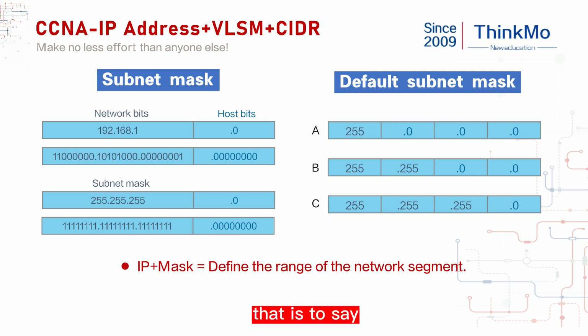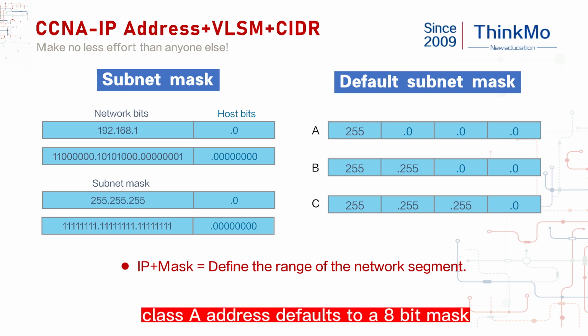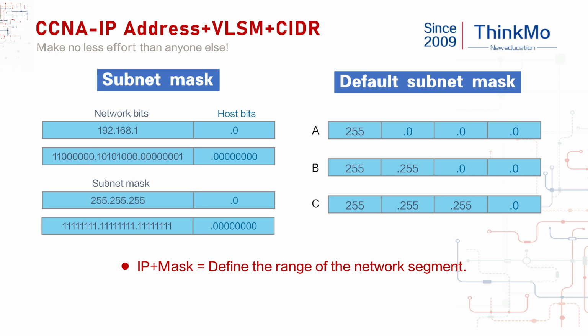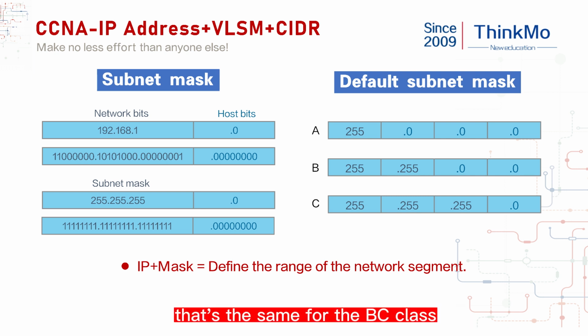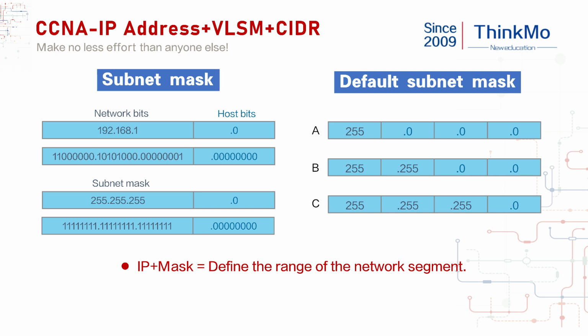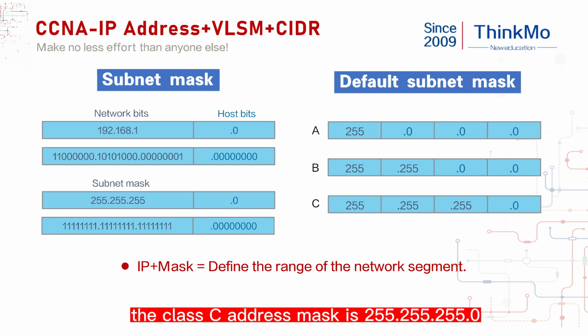That is to say, a class A address defaults to an 8-bit mask. It's the same for B and C. The class B address mask is 255.255.0.0, which defaults to a 16-bit mask. The class C address mask is 255.255.255.0, which defaults to a 24-bit mask.